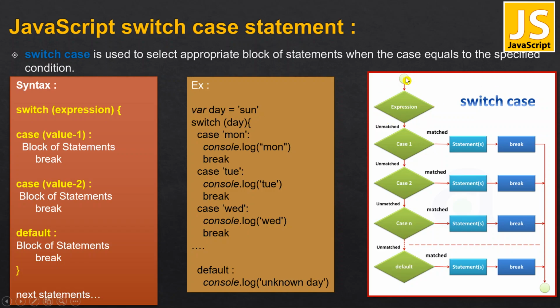The program control comes here and evaluates this expression. After that, if this expression matches the case 1 value, then the corresponding block of statements will execute, and after executing the break statement, it will skip all the remaining code and go to the next statements.